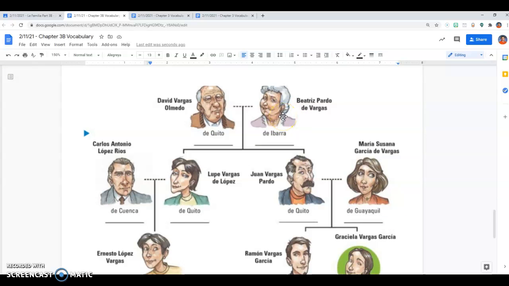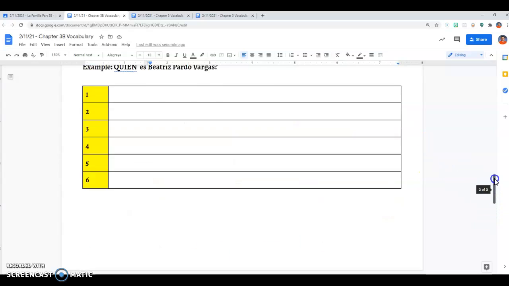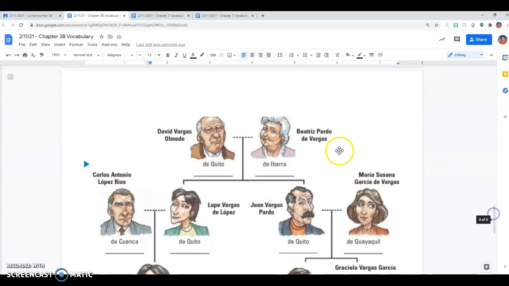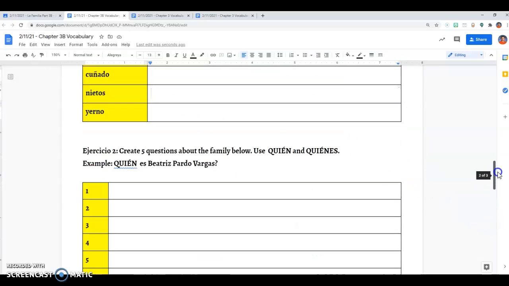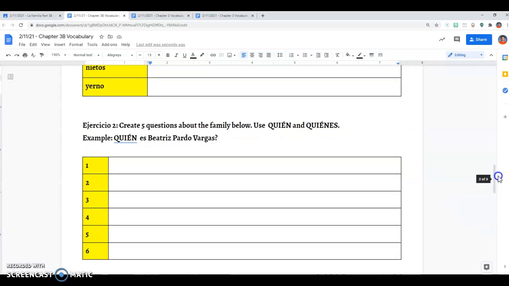So if you want to find out who she is, you're going to say ¿quién es? In other words, who is Beatriz Pardo Vargas? Who is Beatriz? Now notice we are not writing any answers because we are just creating the questions to work with a partner.